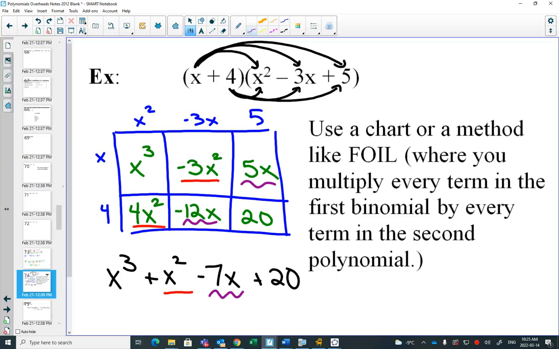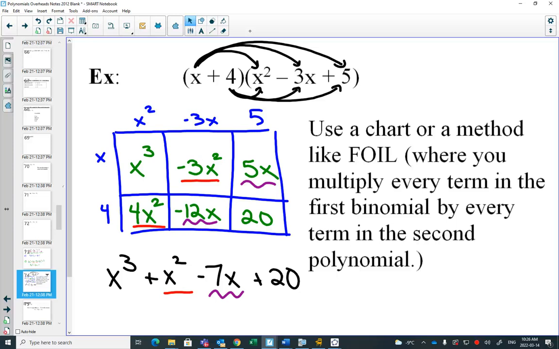Okay? Once you get really good at it, you might like the arrows because they take less space in your notes. That's the advantage of the arrows. It takes less space. The chart is a little bit bigger. Okay? But both of them work very well for figuring out our answer.